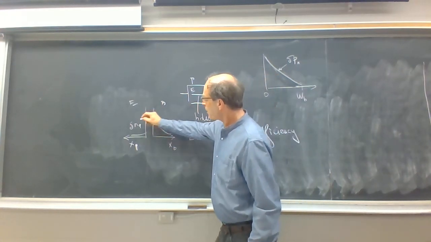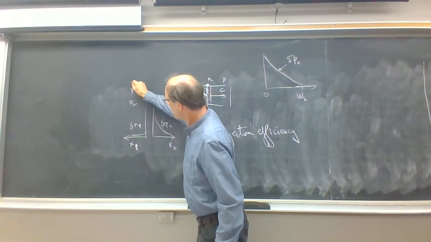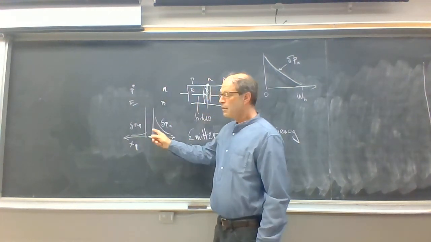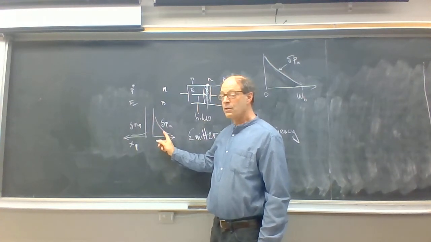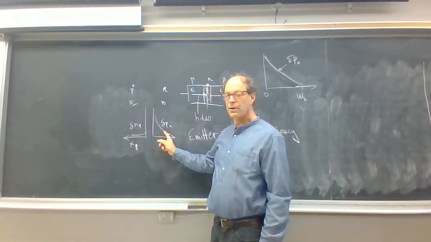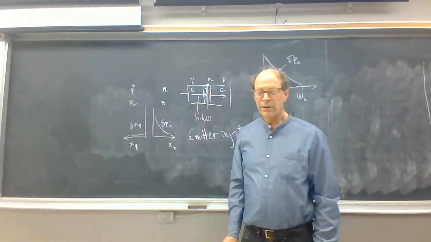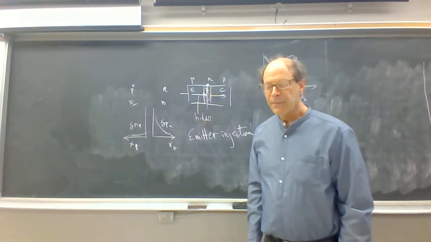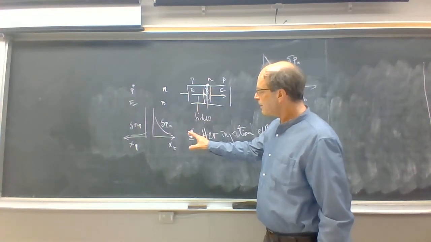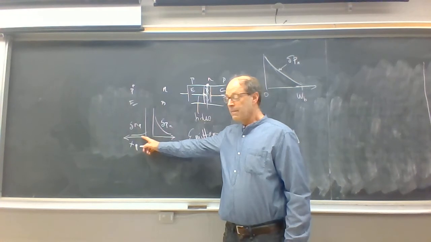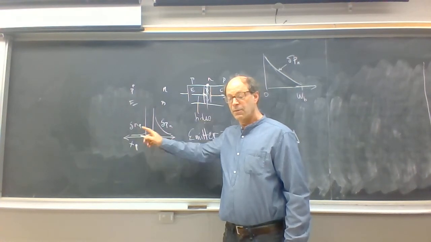By heavily doping the emitter P plus and the base not so heavily, we can increase the supply of minority carriers into the base and minimize the supply of minority carriers into the emitter. Nevertheless, this is never going to be perfect. We'll always have some carriers injected into the emitter.